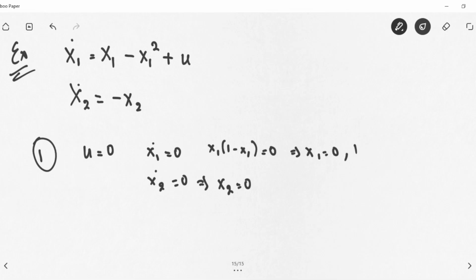Fine. So we have x1, x2 as 0 comma 0 and 1 comma 0. These are our equilibrium points with u equal to 0.